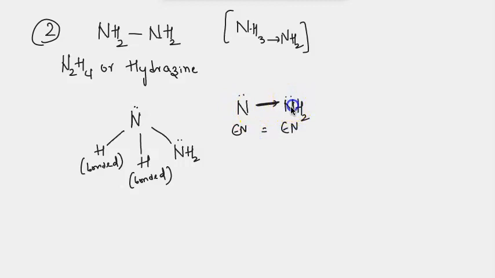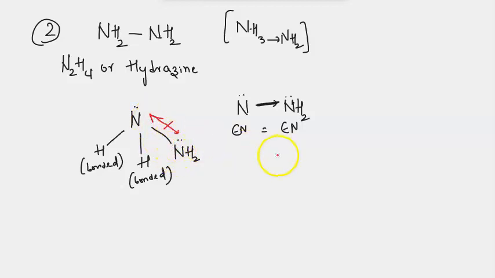Both the nitrogens have one lone pair of electrons on them. So the bonded pair of electrons will be at equal distance from each other. So the dipole moment or any polarity that exists between these two will be cancelled out.